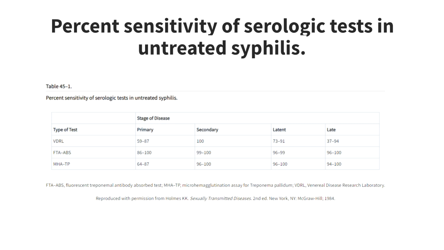So we do need to combine tests based on the pathophysiology of the antibodies related to primary, secondary, latent, and late stages of syphilis. We do need to ask for at least 2 different tests, including one of these serological tests, specifically those that have to do with fluorescent antibody or microagglutination.